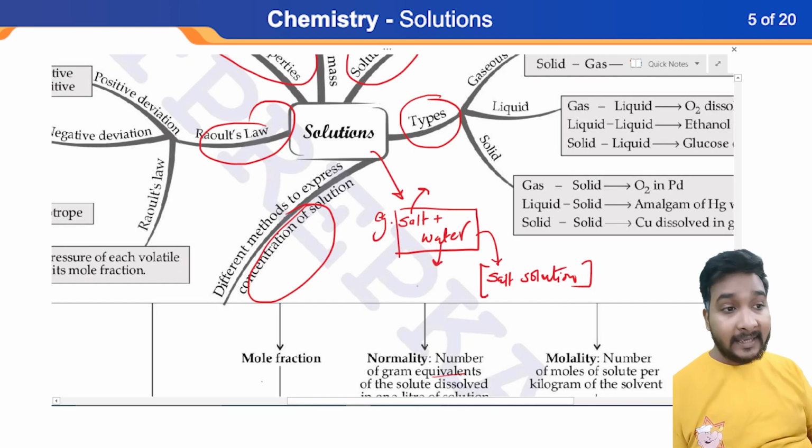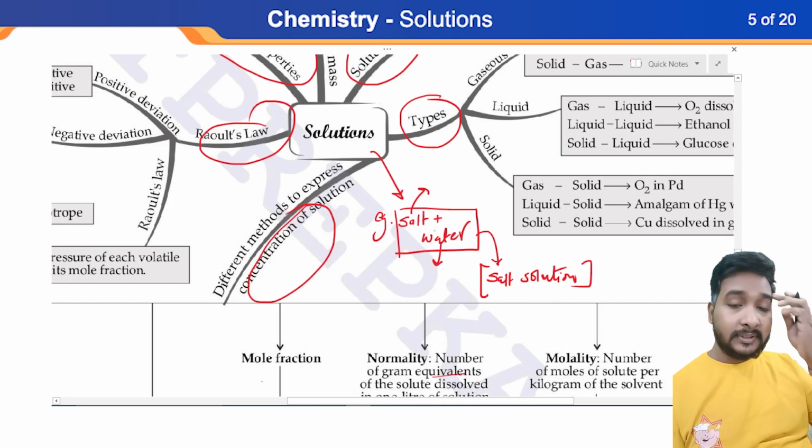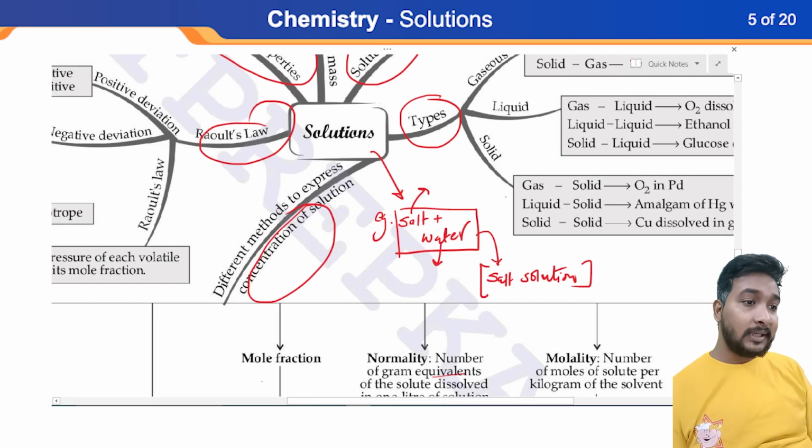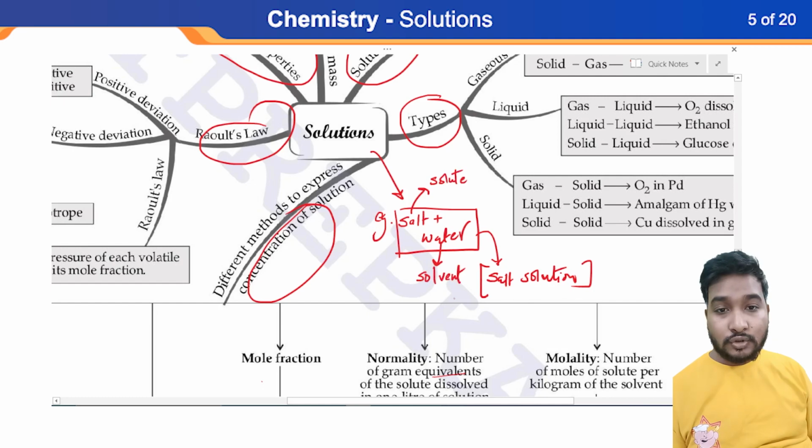Now in this example, yes, the amount of salt is very low, but the amount of water is higher than salt. So during the formation of a solution, if you are taking two different components, or we can say more than one component which are different from each other, the component having very less quantity is called solute, and the component having high quantity is called solvent. So what we can say?